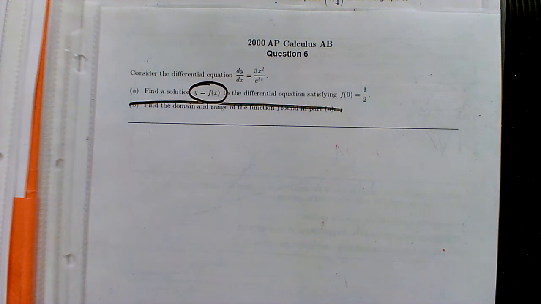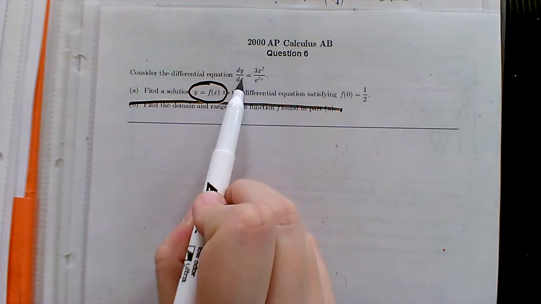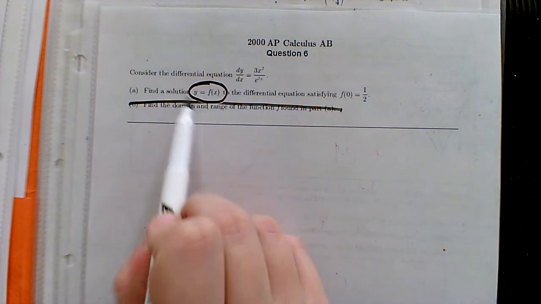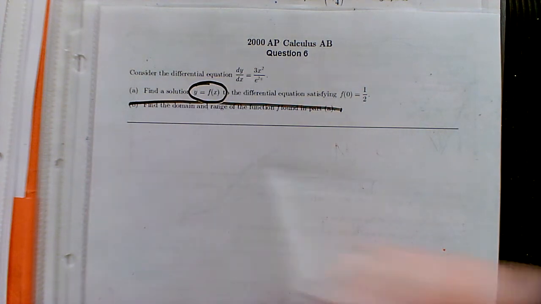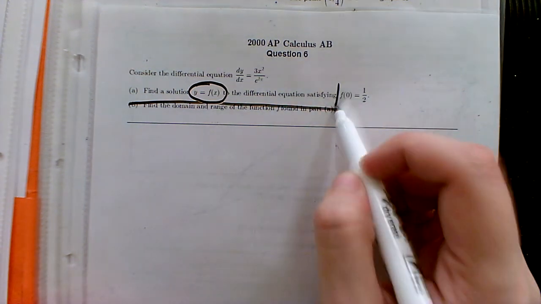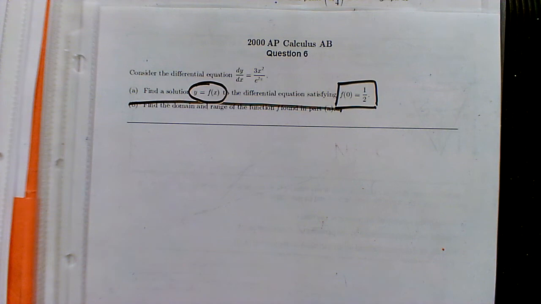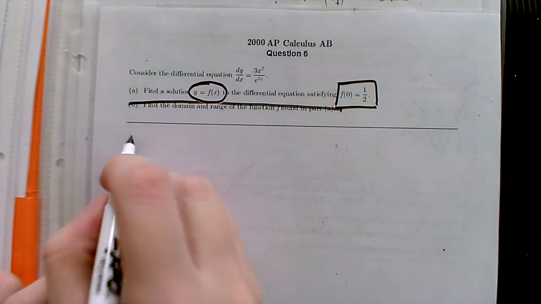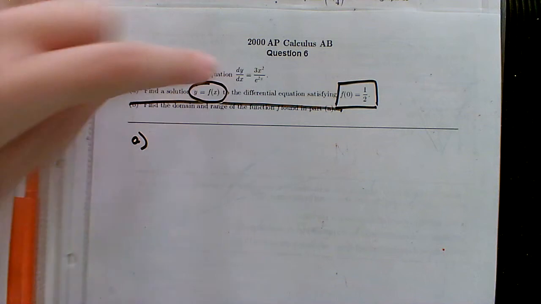We know f of x and y are the same thing, I mean, they're setting them equal to each other anyway. But they're giving us a derivative equation and asking us to figure out f of x, aka the original equation. So we're going to have to work backwards from the derivative. They also give us a point to use to possibly figure out what that c value is. So let's go ahead and try this one.